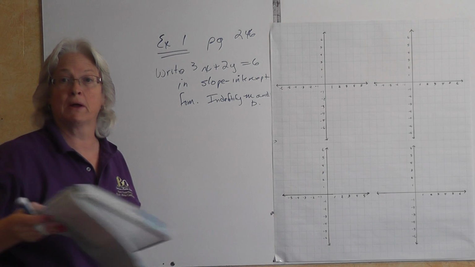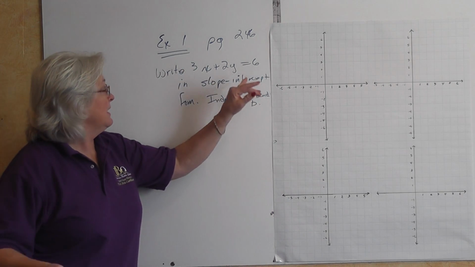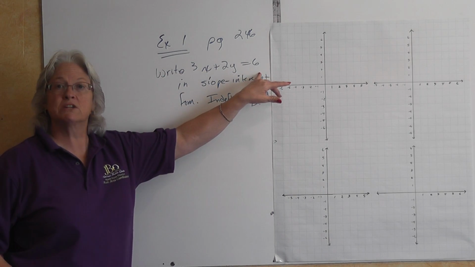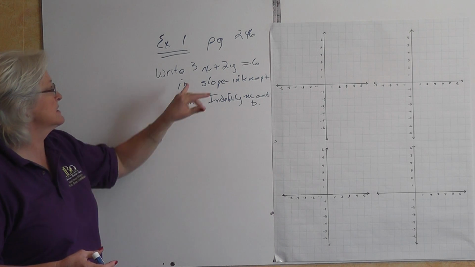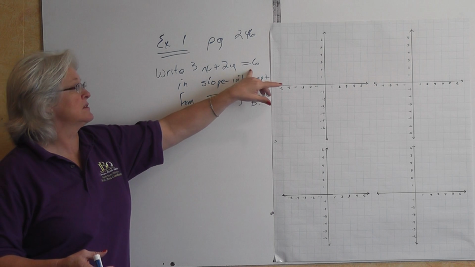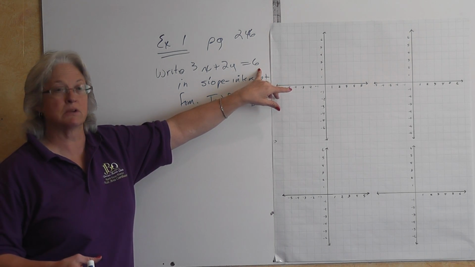Nothing difficult about this at all. We know this is the equation of a straight line. It's 3x plus 2y is equal to 6, and that fits the form ax plus by is equal to c.